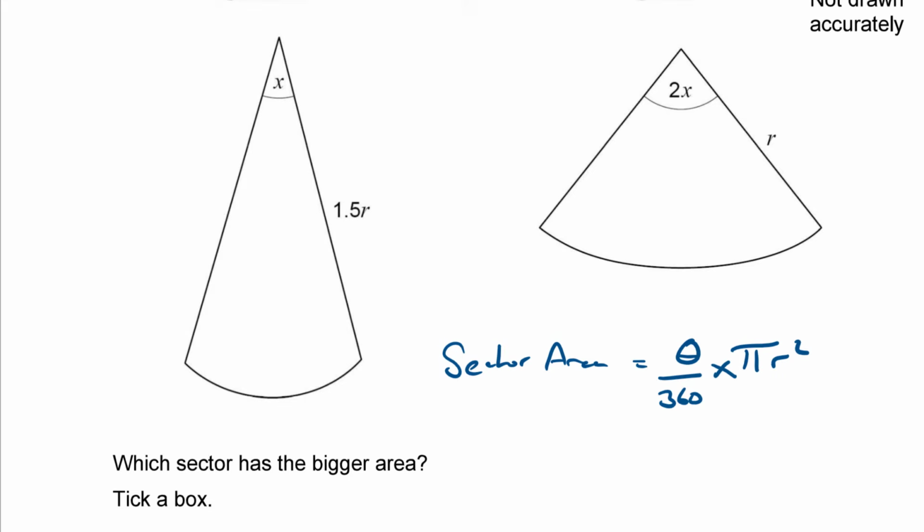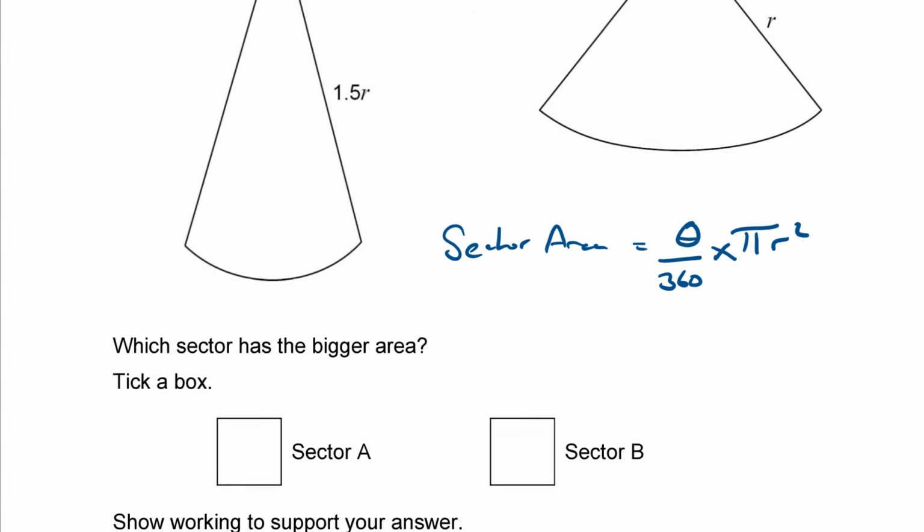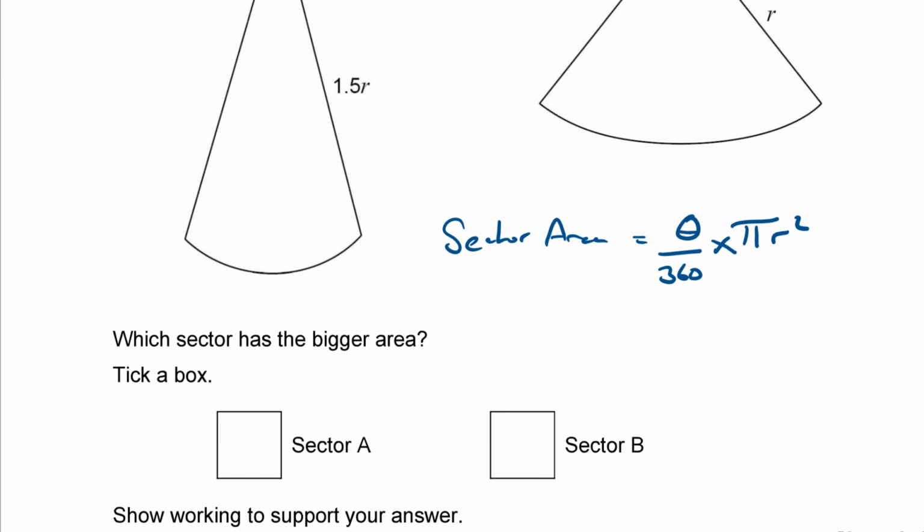Okay, so for sector A, that angle at the center is x, so I'm going to get x over 360. So this one is going to be x over 360 times pi r squared, but in this case my radius is 1.5 r, isn't it? So it's going to be pi times 1.5 r squared.